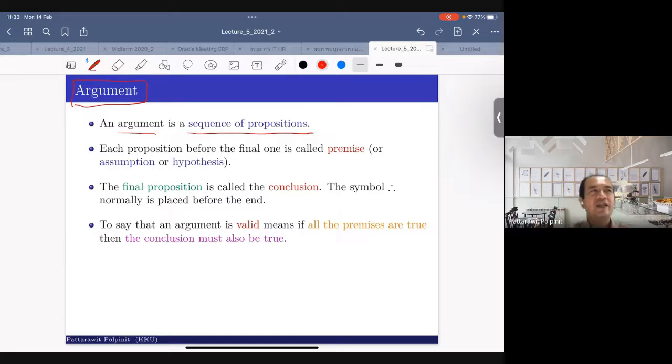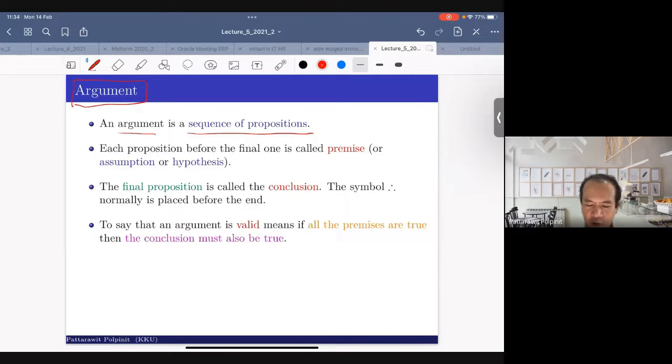Because it's Monday, team A statistically plays better on Monday. Remember, each proposition has to have a truth value, right? It's either true or false. So you can keep reasoning with these propositions until you finally come to a conclusion.